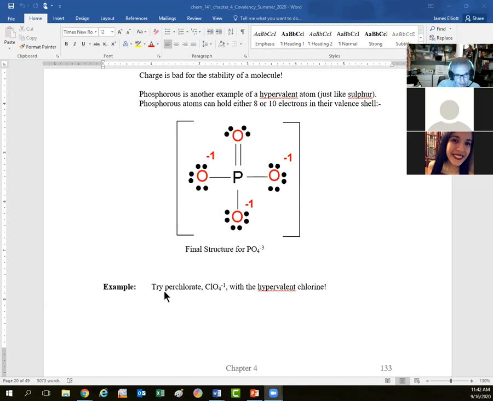So let's try another one, this time perchlorate. And for this one, the central atom is going to be chlorine, even though it should really be oxygen from the way we've been talking so far because it needs more electrons. Sometimes it's the hypervalent element which actually wins and becomes a central atom.